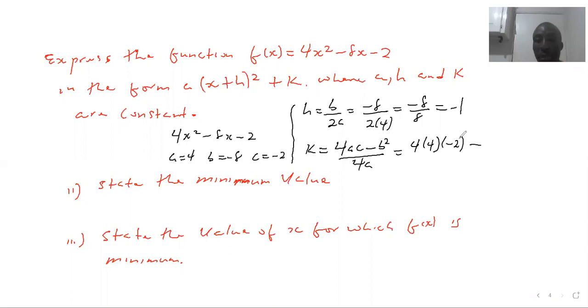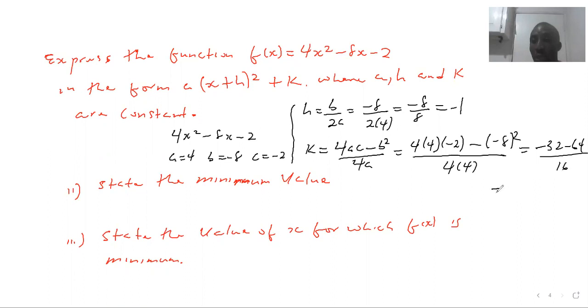Minus b, which is negative 8 squared, all divided by 4 times a, which is 4. To work it out here, 4 times 4 will give me 16. 16 times negative 2 will give me negative 32 minus 64, all over 16.